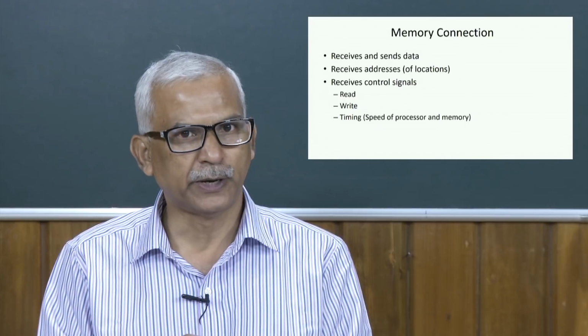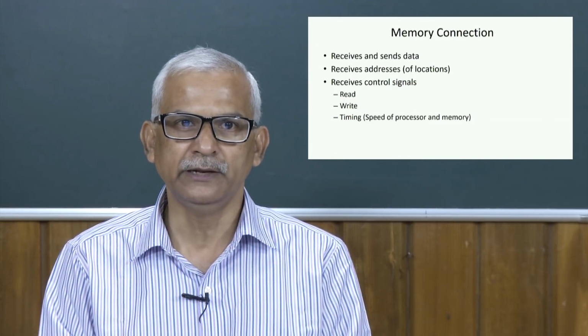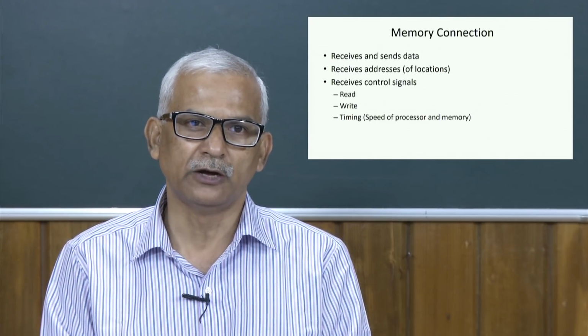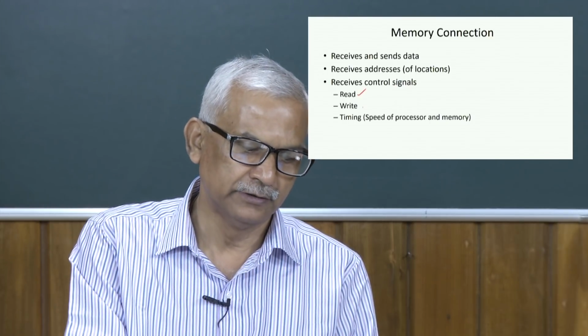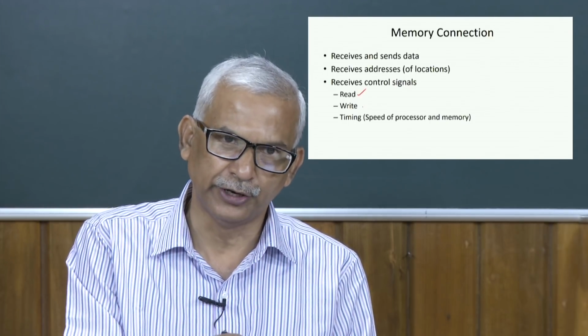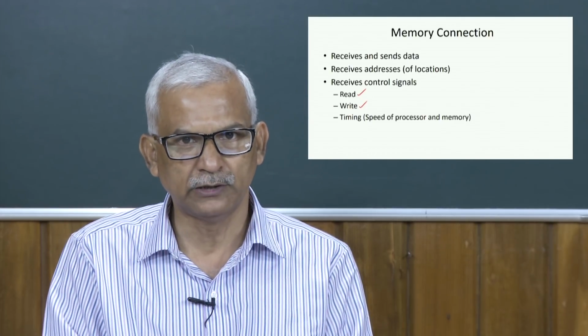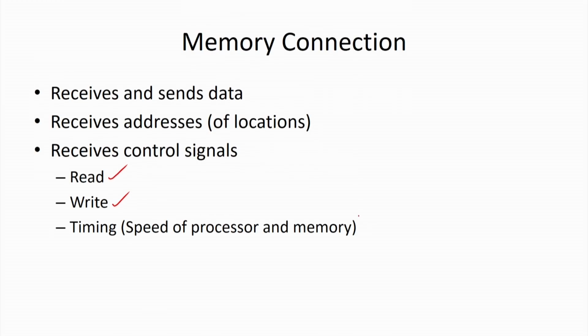Through the address bus, we give the address of a memory location, and through the control bus, we receive or send some control signals. One is the read signal, to read the information, and a write signal, to write something to the memory, and some timing information also has to be sent in that connection.